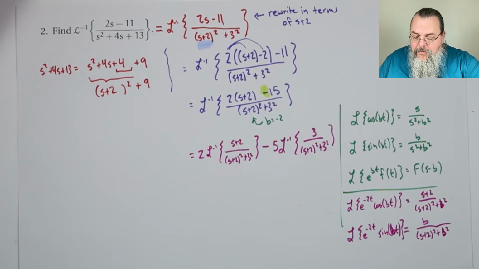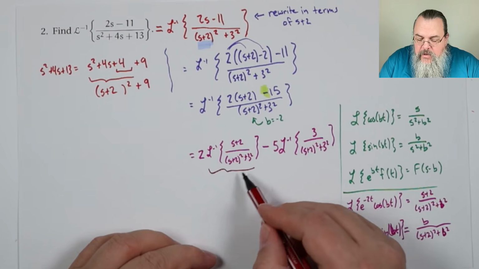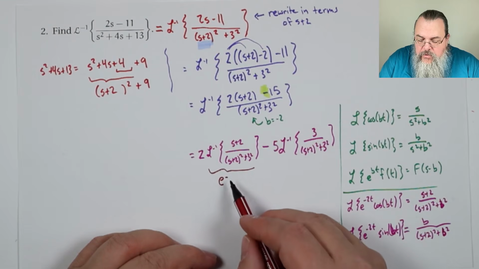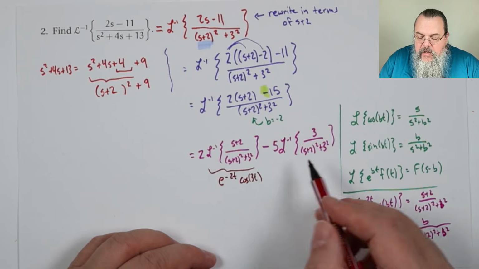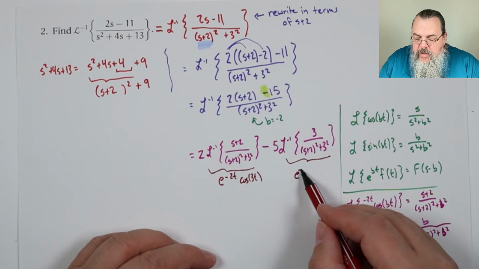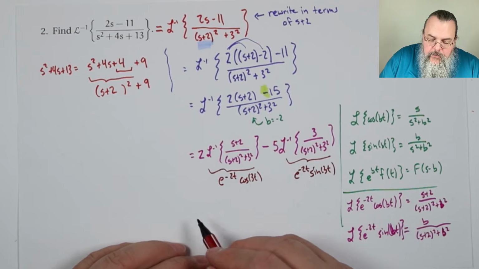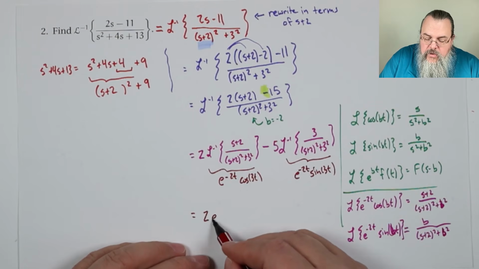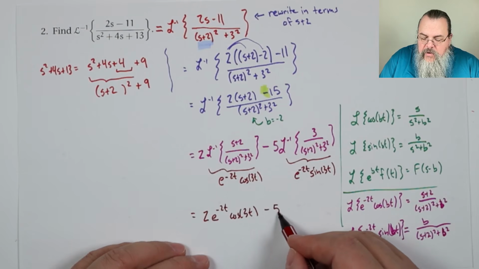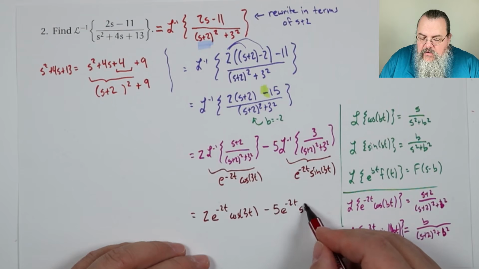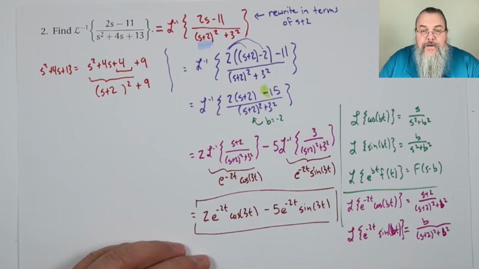The first one corresponds with e to the minus 2t cosine of 3t, and this one, e to the minus 2t sine of 3t. And so our final answer: 2 e to the minus 2t cosine of 3t minus 5 e to the minus 2t sine of 3t. And we are done.